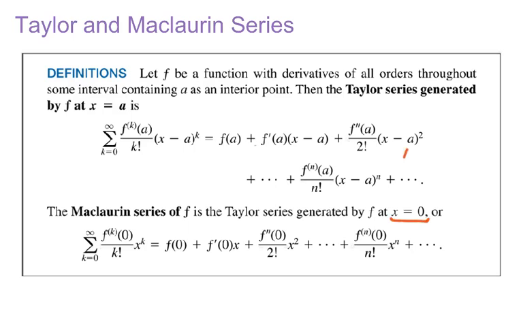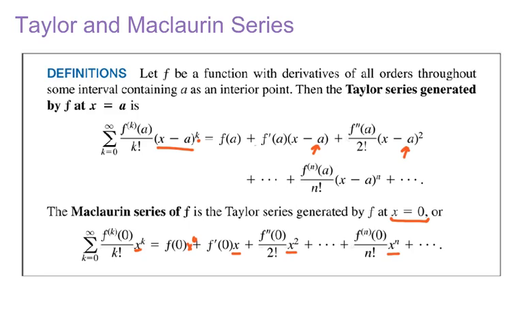So instead of having all of these x minus a's, x minus 0 is just x. Notice here we don't have x minus a to the k, we just have x to the k. x to the 0th is 1, so we don't have that written there. x to the first, x squared, all the way up to x to the n.